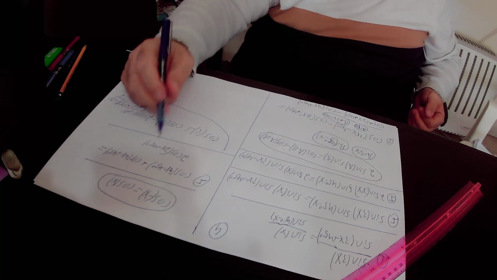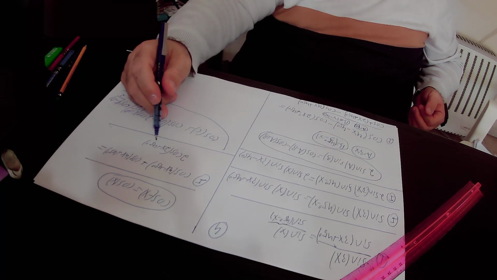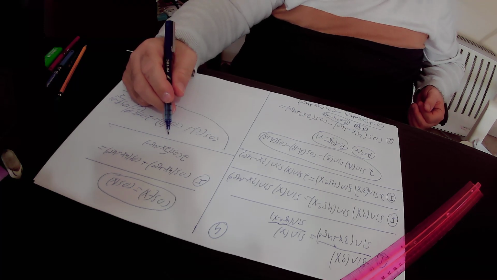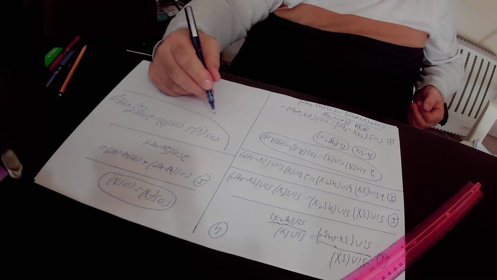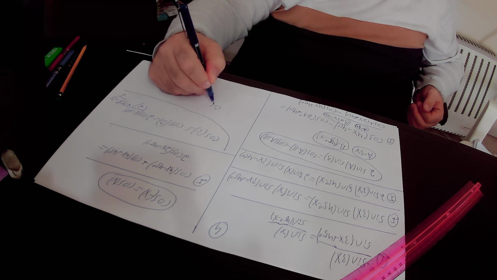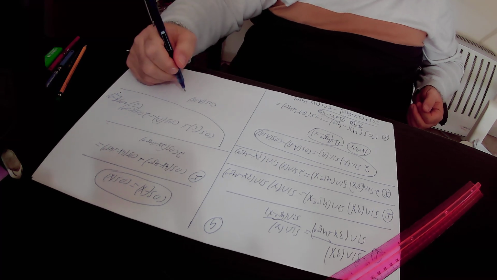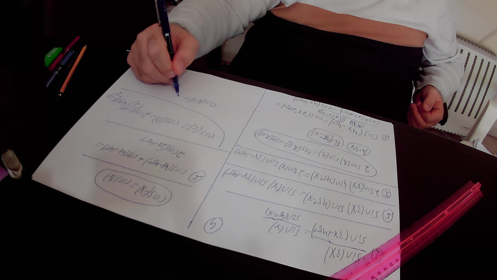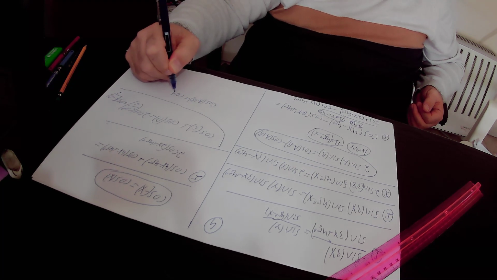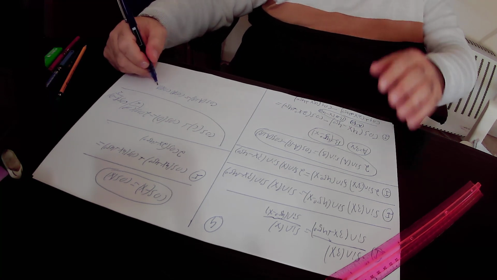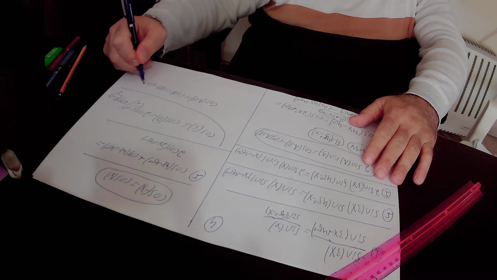And for the expression 2 cosine 2x plus 45 degrees, we will use the trigonometric identity that states that cosine A plus B equals cosine A cosine B minus sine A sine B.